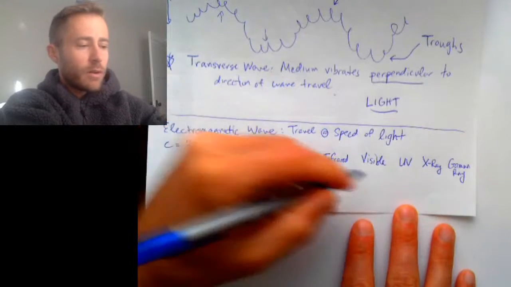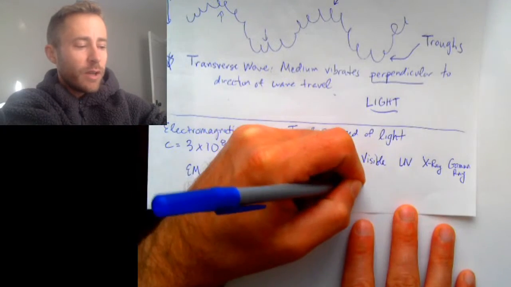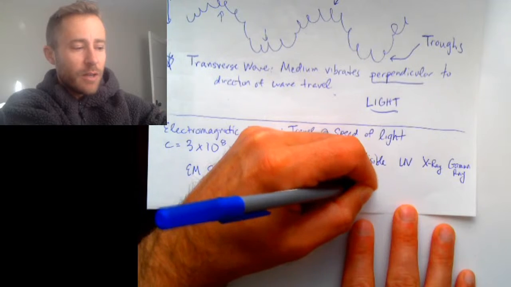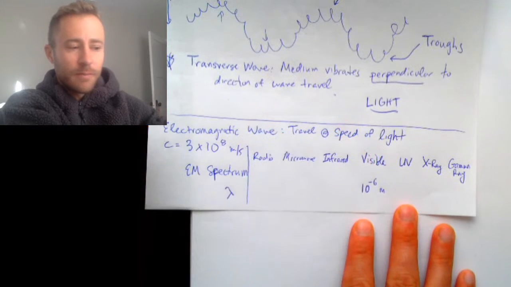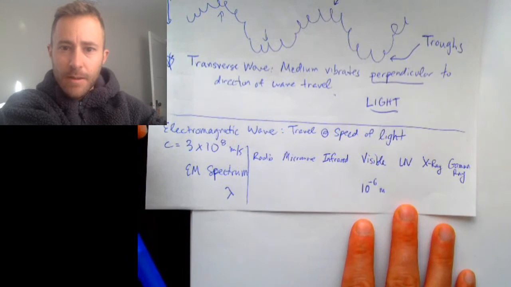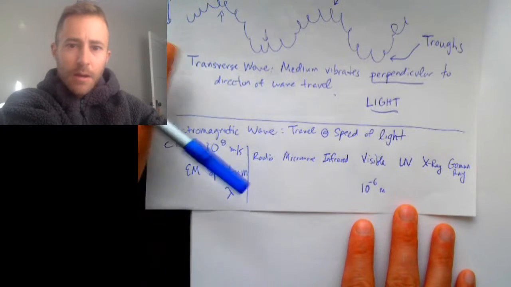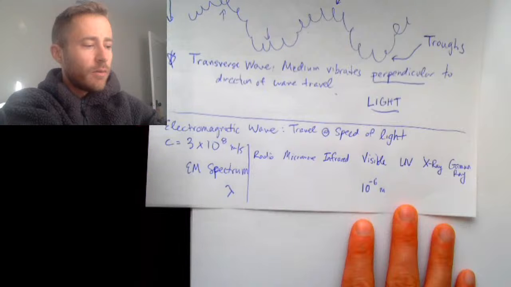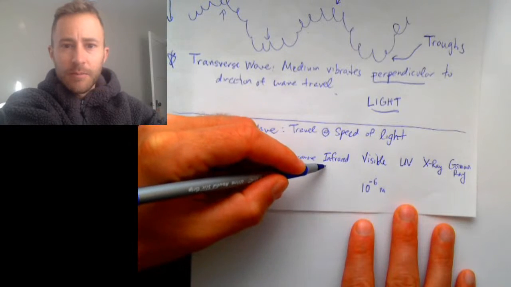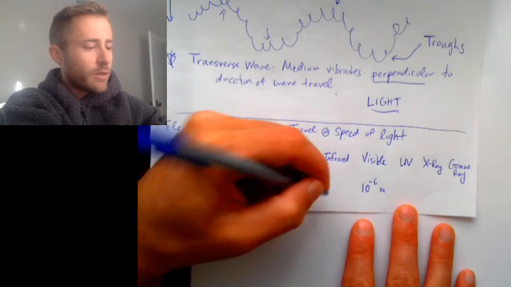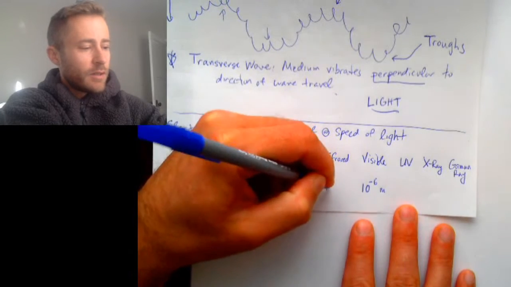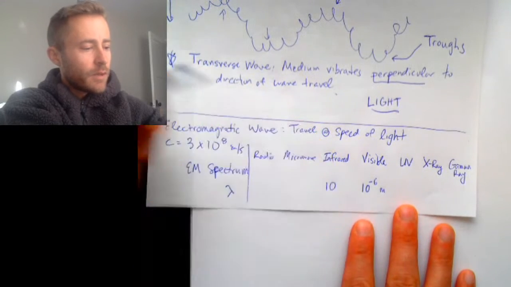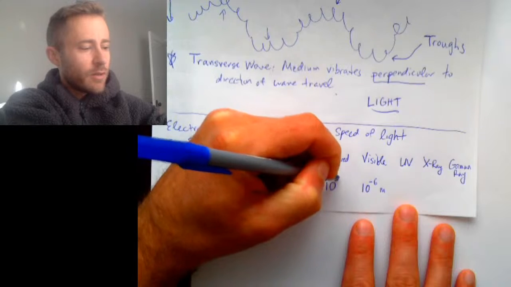Well, for visible light, the wavelength is approximately 10 to the minus 6 meters. For infrared, the wavelength is approximately 10 to the minus 3 meters.